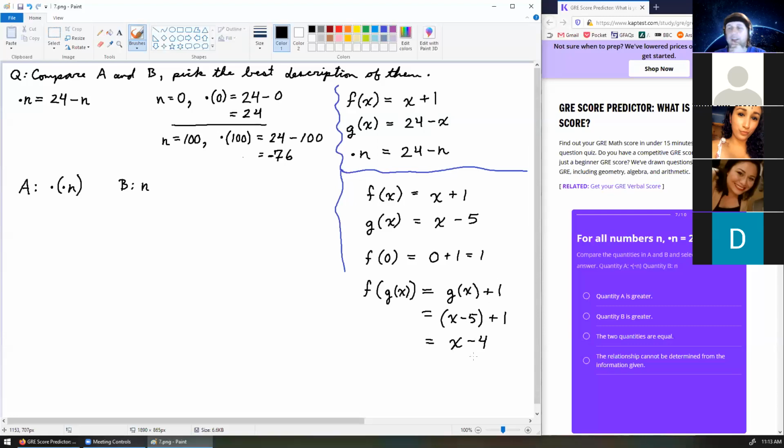Does everyone see how we did that? Yes. Okay. We could even do f of f of x like this. What does that get us? I'm going to put a little vertical line here.